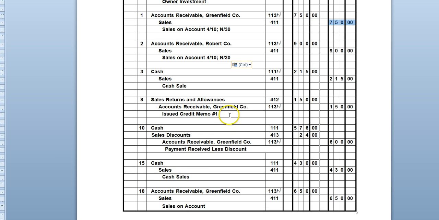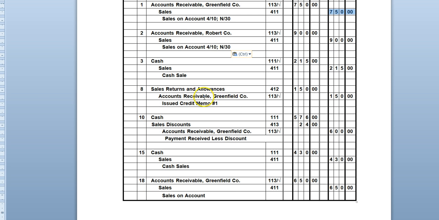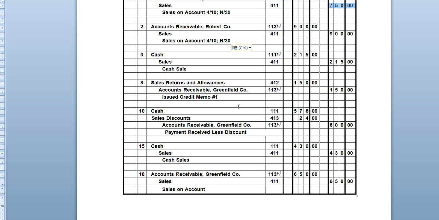Now what is often common in merchandising is the customer may have a problem with some of the merchandise. We might have delivered the wrong thing, or the merchandise is defective, or the wrong size.